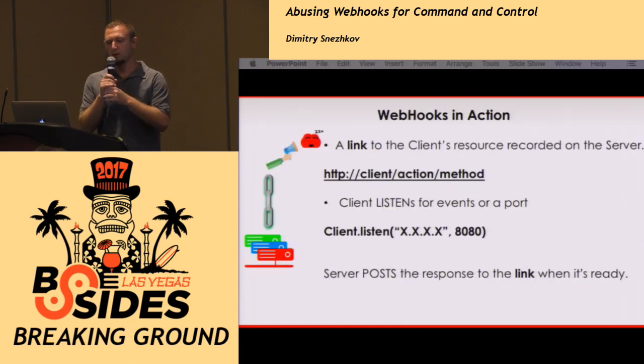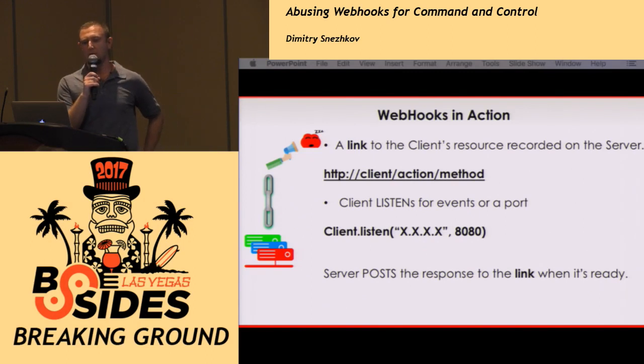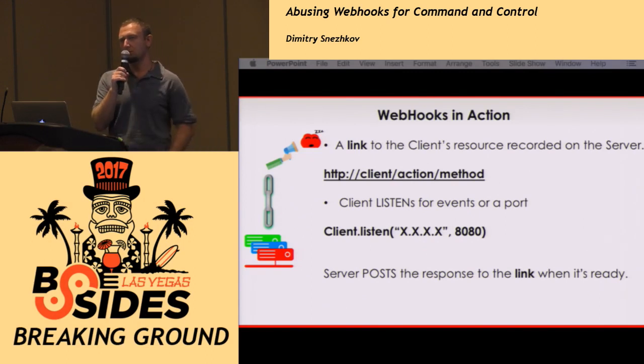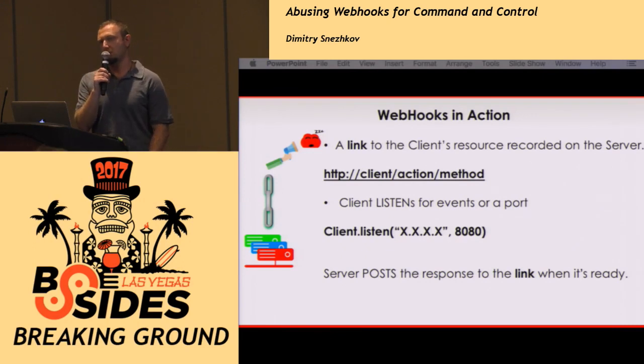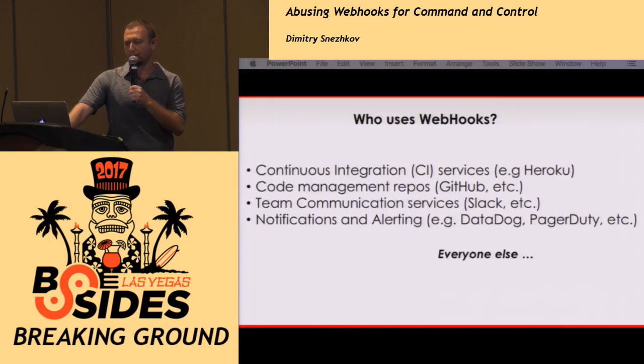How that's implemented is it's very easy, right? It's a link that you provide to your client resource on the internet, and it's a REST resource, and the server says, hey, I'm going to register you, and when I'm done, I'm going to post to your IP address and the port and the resource, the response to the request that you have.